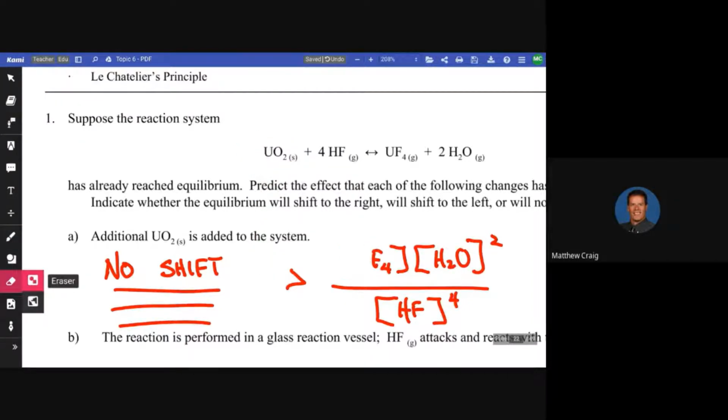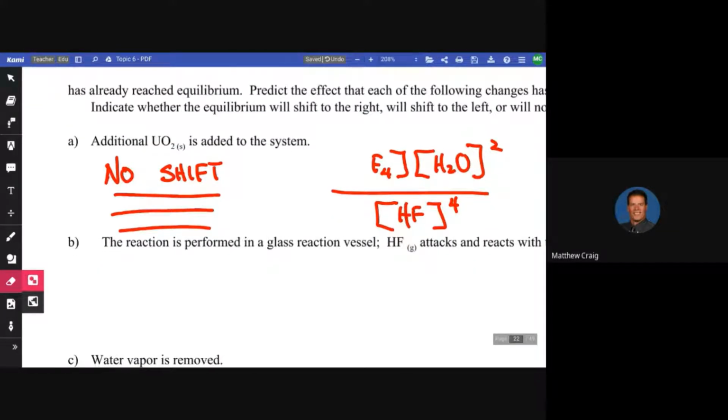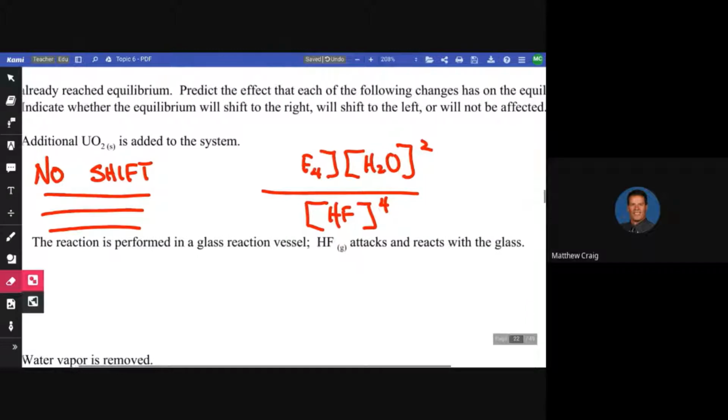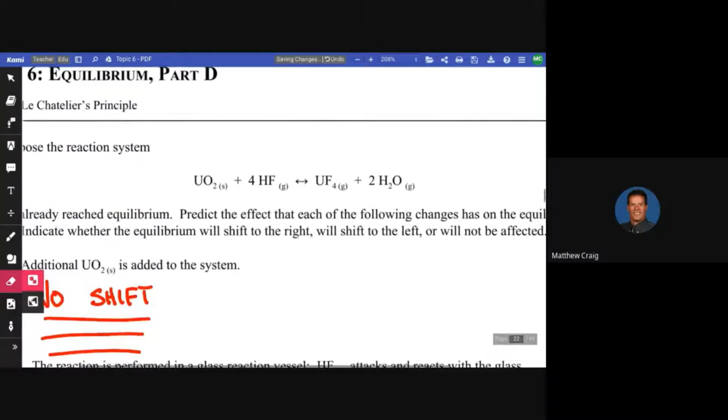All right, number 2, or letter B. It says a reaction is performed in a glass reaction vessel. HF attacks and reacts. So this word right here is huge. Reacts with the glass in the reaction vessel. So in other words, what's happening is we have this HF that is leaving the reaction to go react with something else.